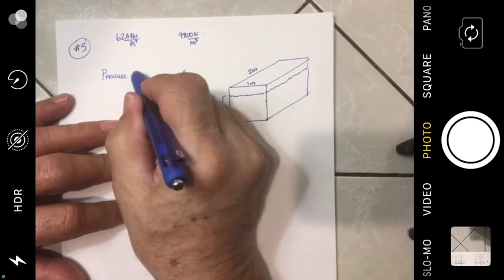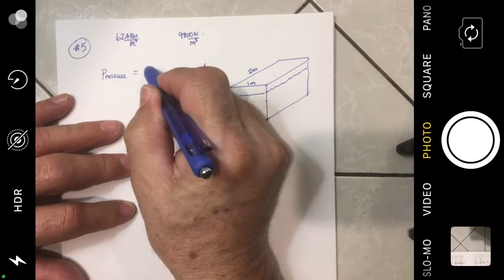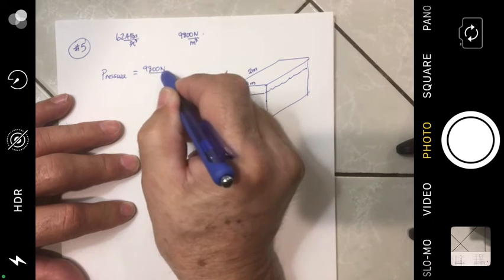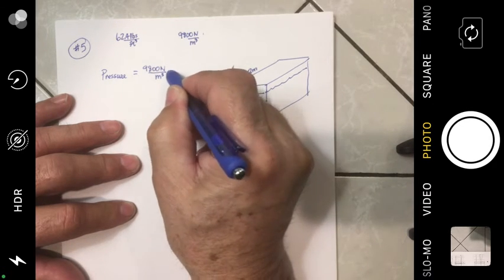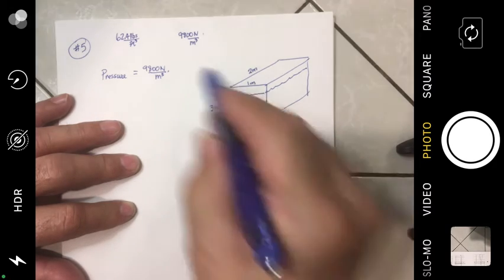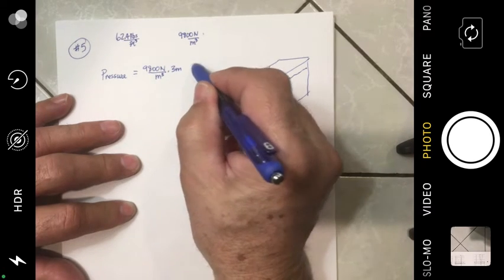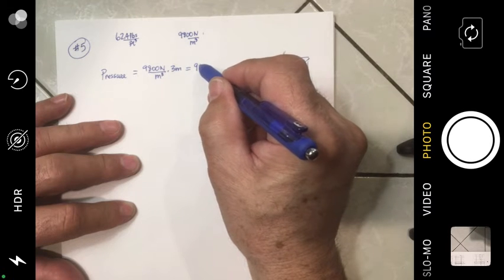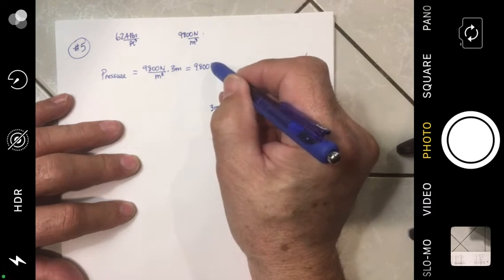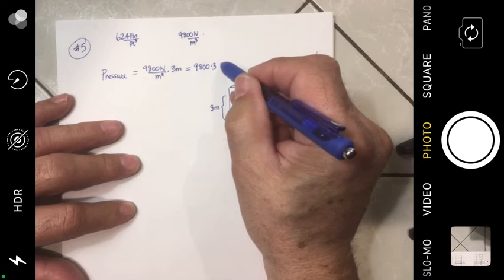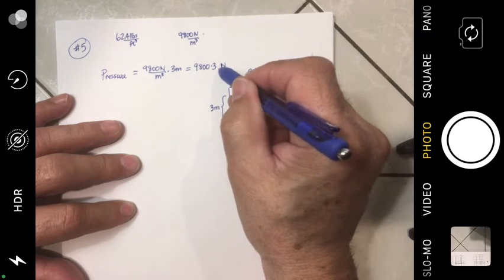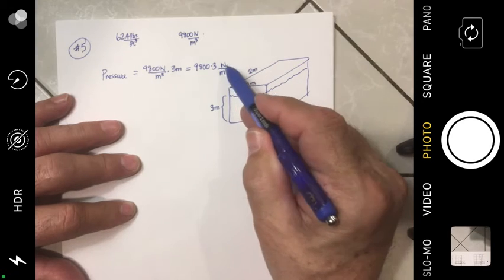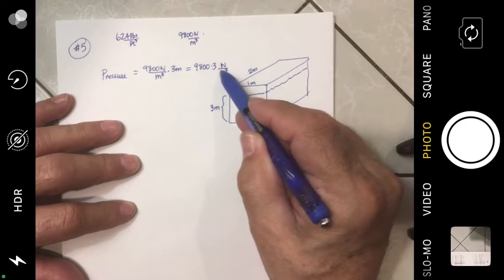it's simply the weight density times how deep the water is, which creates 9,800 times 3 newtons per meter squared. And pressure is force on a square area.